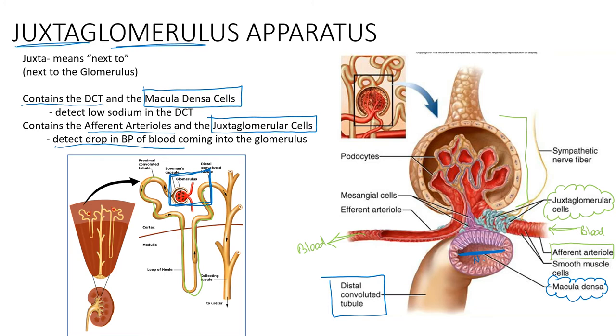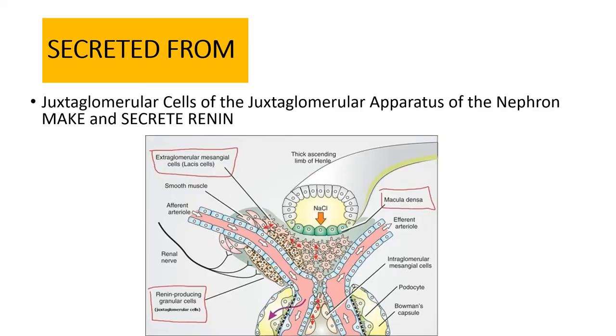So sodium ions are going to be passing through that distal convoluted tubule on their way out in the form of urine. And if there's just not enough sodium ions present in that distal convoluted tubule, the macula densa cells will pick up on that and trigger the release of renin. So just a little background of what all's going on here.